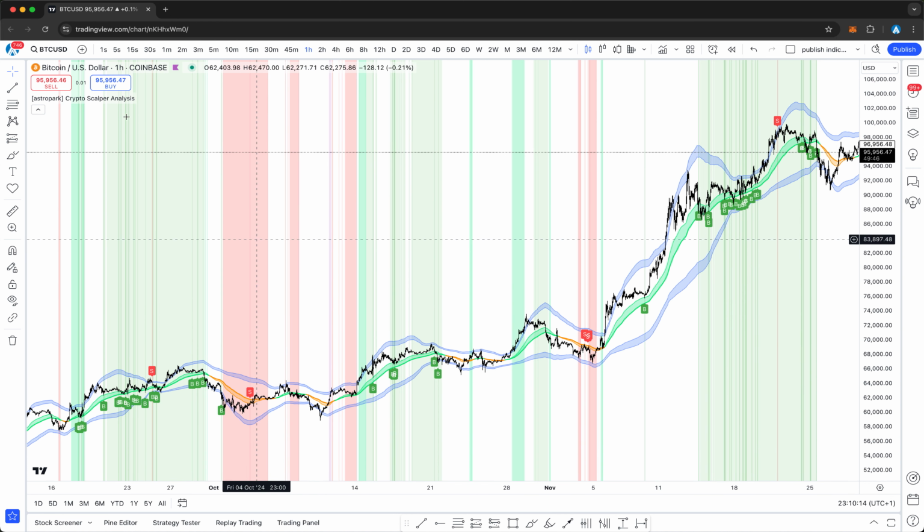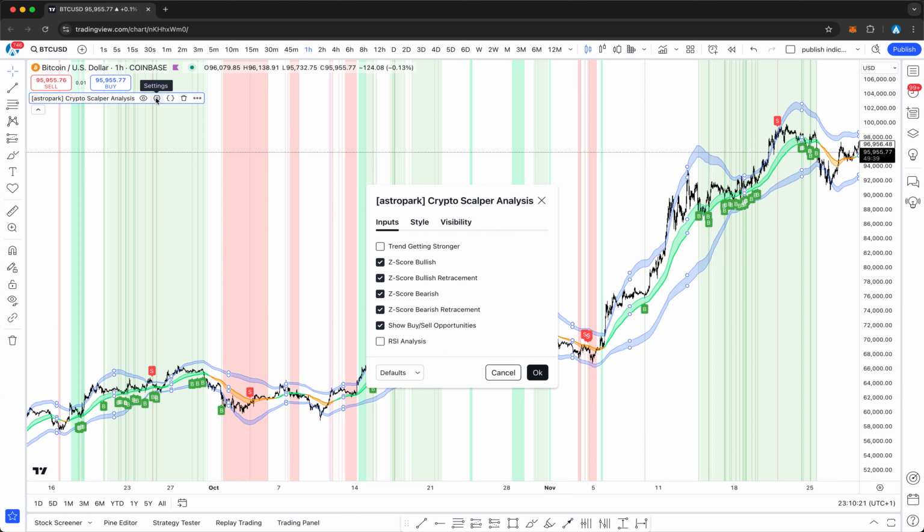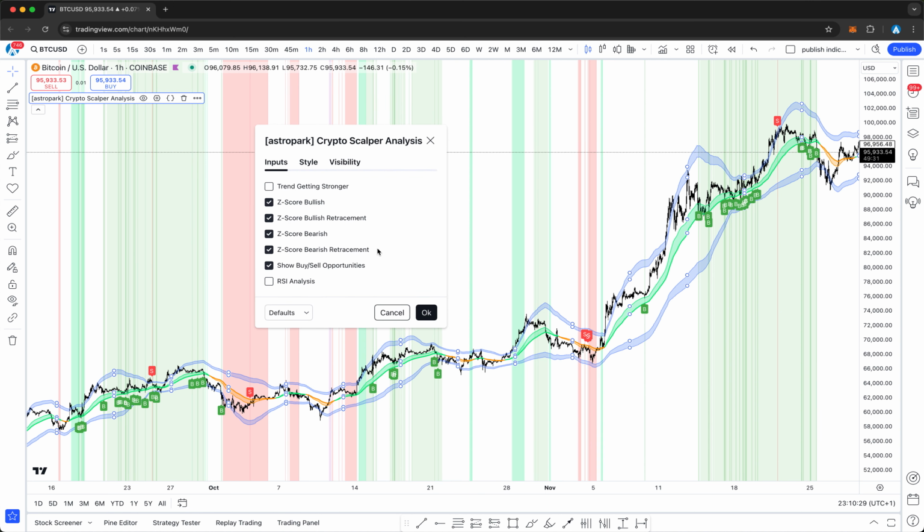Okay, so let's check out first the inputs you can have. If you double click or just click the settings button, you see that basically this is how the indicator presents itself. You can see this cloud, this internal cloud, which is green or orange based on the trend, the trend that the current ticker is showing on the current time frame.